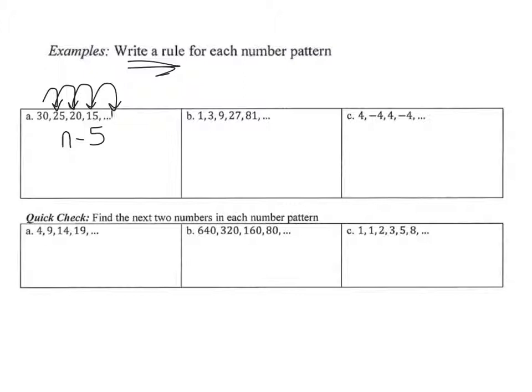My next number would be 10, 5. So I'm making a conjecture that 10 is my next number. This right here is the rule. The rule always needs to have a variable.